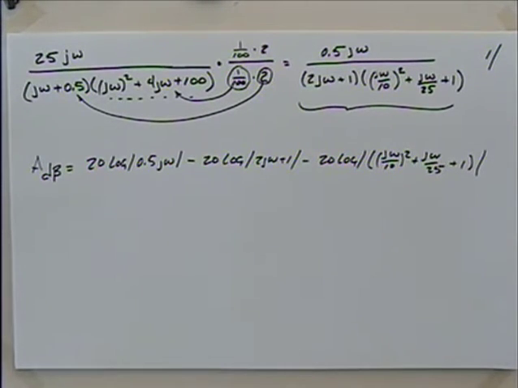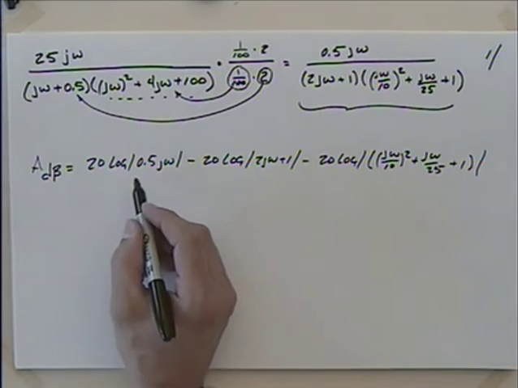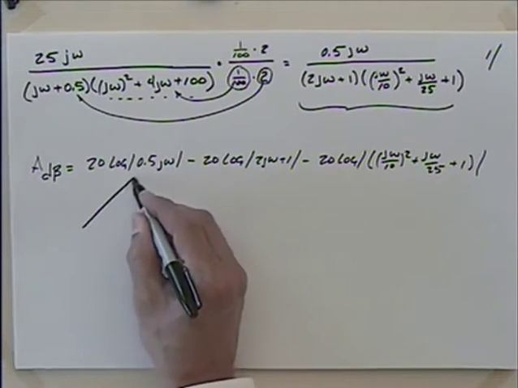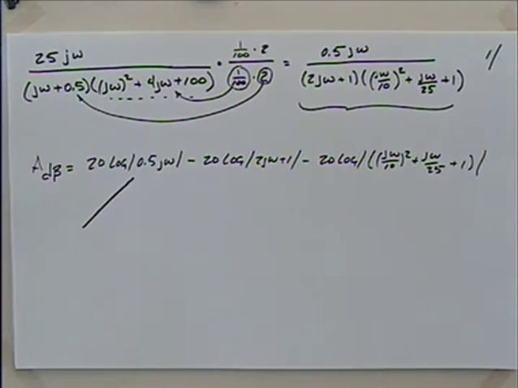Okay, and this first one's probably not too bad. That should just be a line like this, right? It's not going to have a corner.